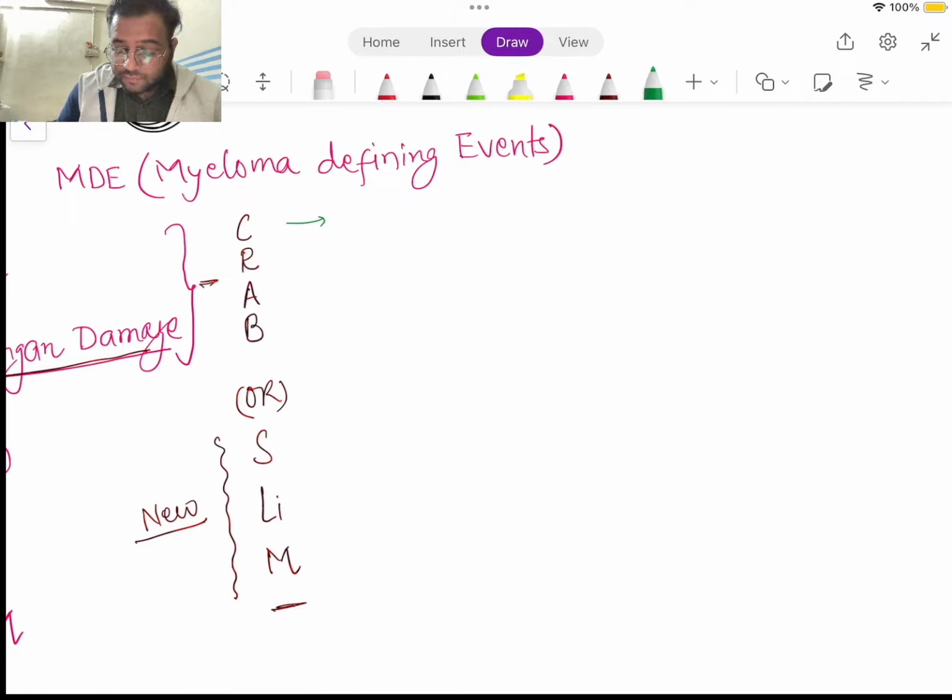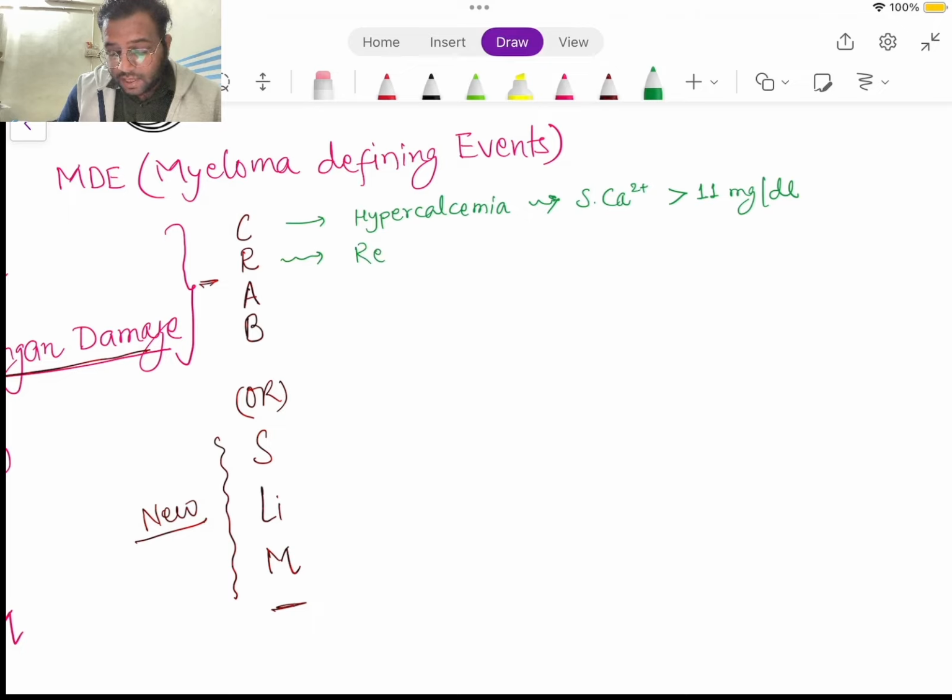Inside, CRAB is for hypercalcemia. How do we know hypercalcemia? We see serum calcium, which should be more than 11 milligrams per deciliter.